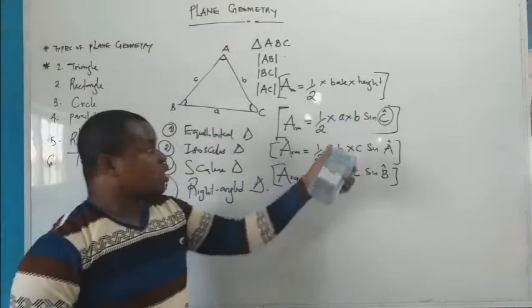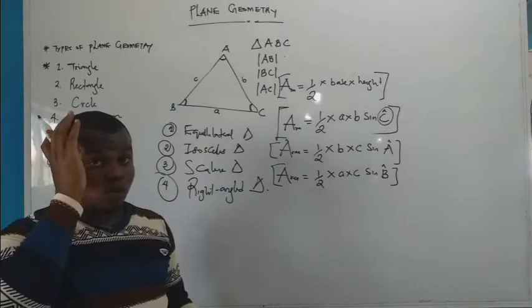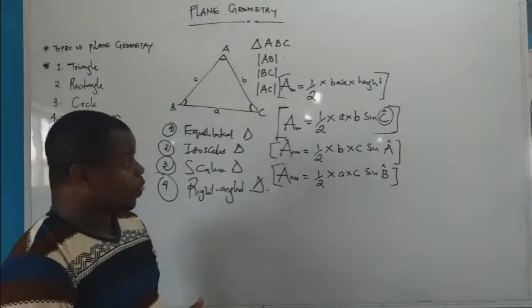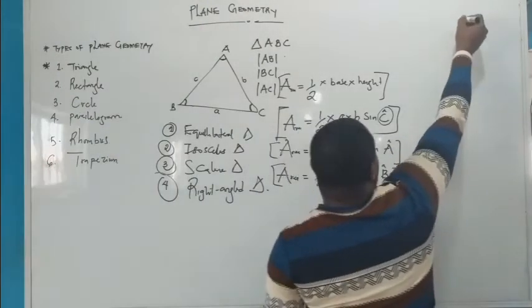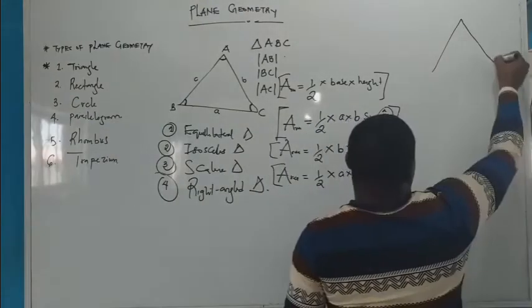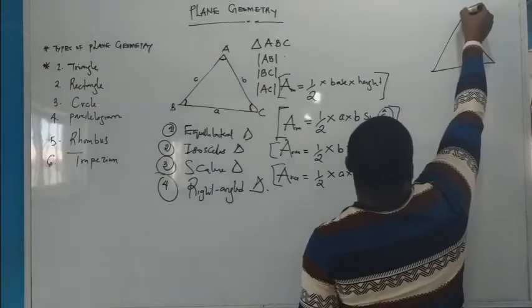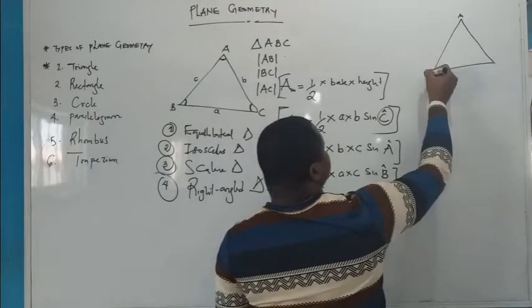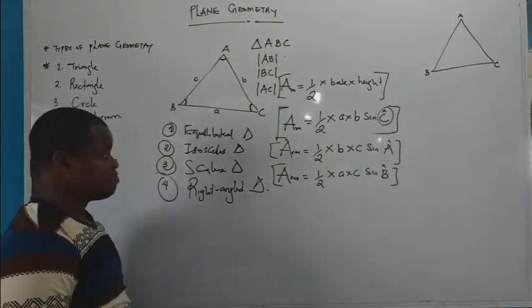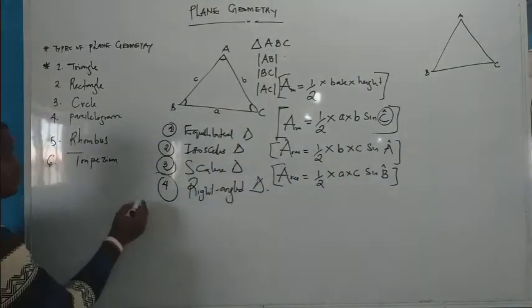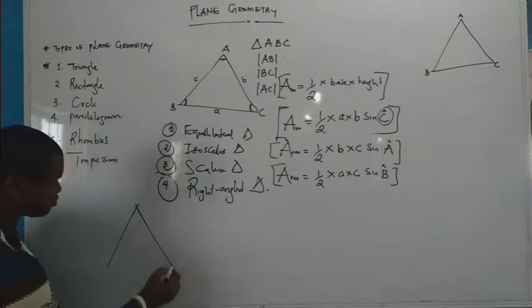So now let's look at how to apply these formulas when you are given a triangle. Assume you're given triangle ABC. This point A, this point B, and this point C. Let me write it at this side of the board.